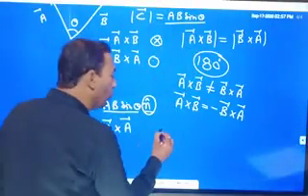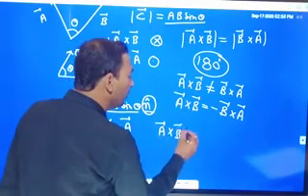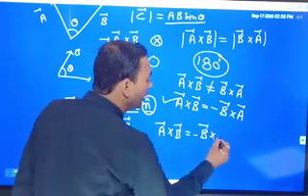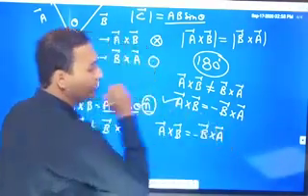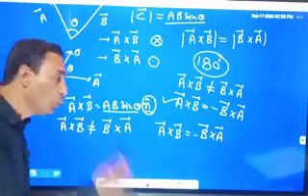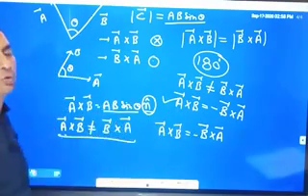So does not obey commutative rule. So A vector cross B vector is equal to minus B vector cross A vector. ये हो गया. It does not equal to B vector cross A vector.